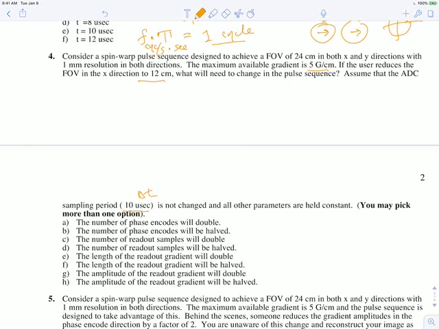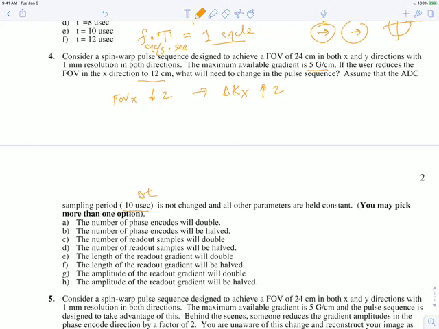Without even looking at the answers, let's just think about what's happening here. The FOV in the x direction has gone down by a factor of 2, right? So what does that mean about my delta kx? It's got to go up by a factor of 2.